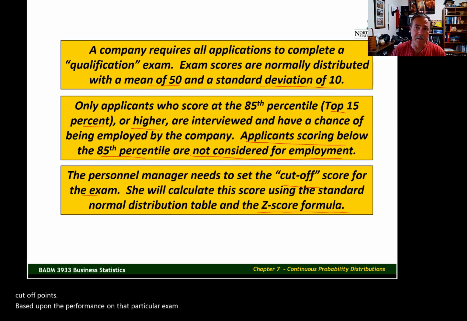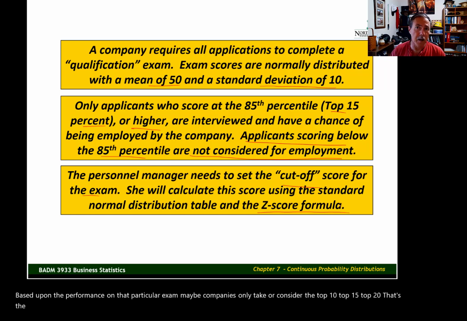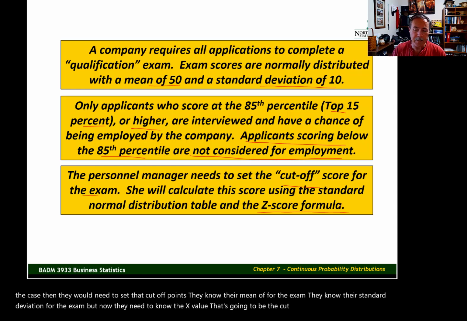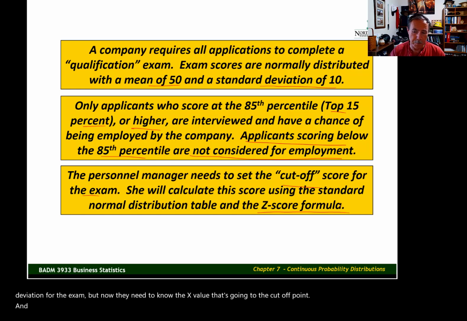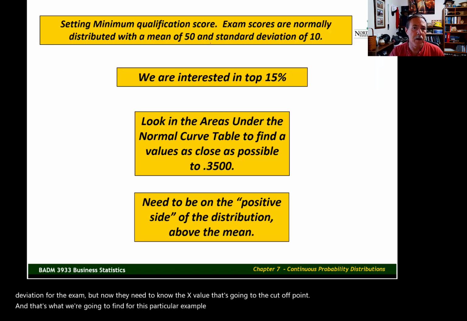Maybe companies only consider the top 10%, top 15%, top 20%. If that's the case, they need to set that cutoff point. They know their mean and their standard deviation for the exam, but now they need the x value that's going to be the cutoff point. That's what we're going to find in the rest of this video.